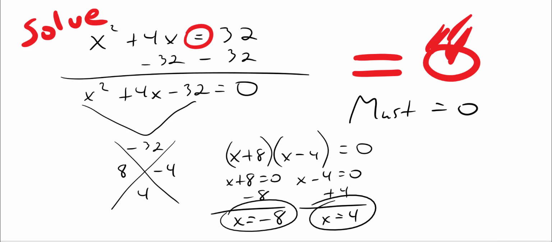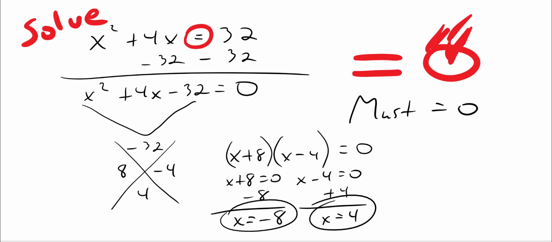So let's do some problems that have everything in them. A little greatest common factor, maybe not equal to 0, so you've got to move things around. Let's do everything here.